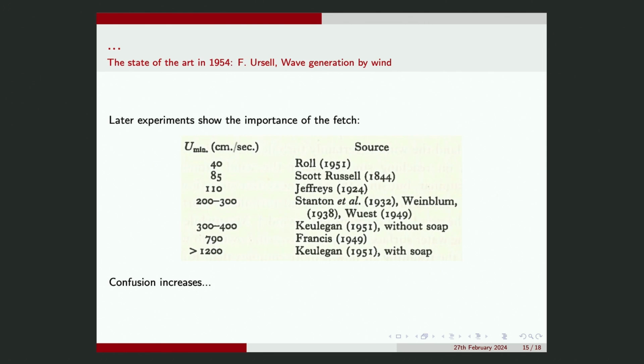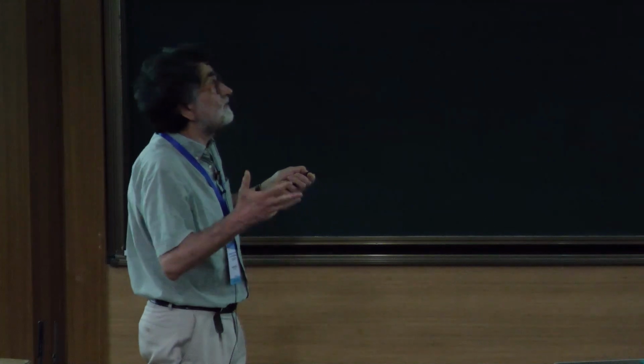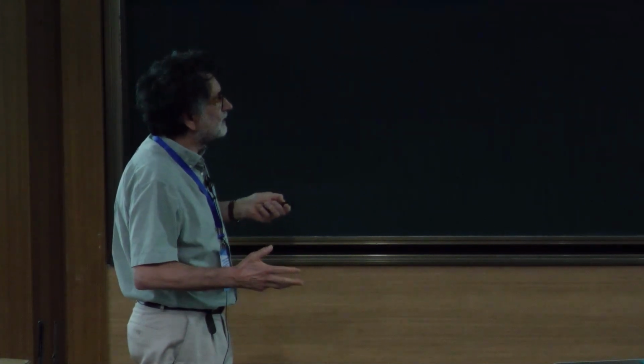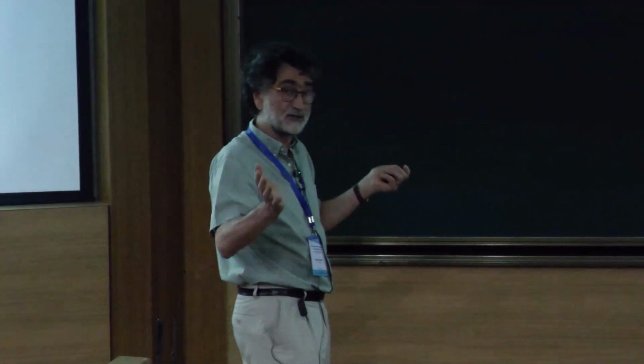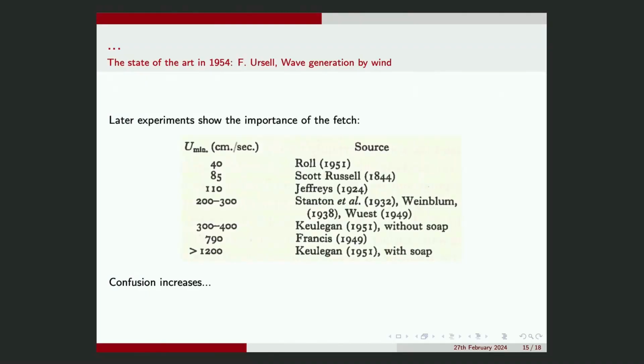And there is a good paper in 1954 by Herschel, whose title is Wave Generation by Wind. He collects many experimental results which show a large discrepancy. And in fact, these experiments show the importance of the fetch in the problem.